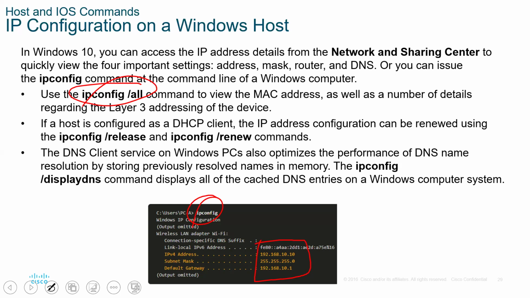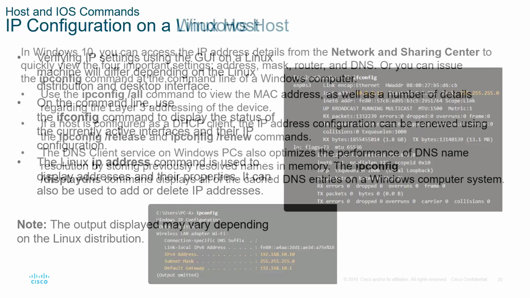If you want to release these IPs because they are leased, you just use ipconfig /release, and then you are good. If you want to renew it and get a fresh one, just do ipconfig /renew.